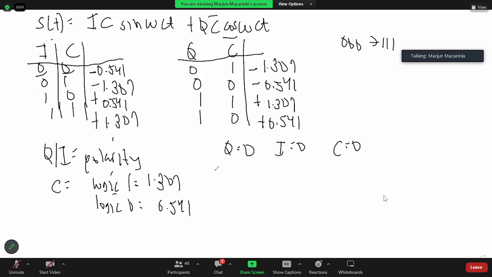So, ang output will be negative 0.541 sine omega c t. Minus, ang Q ay 0, so dito tayo titingin, minus 1.307 cosine omega c t. Nakukuha kung paano ko nakuha yung output?